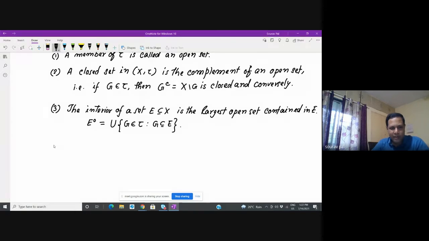And what is the closure? The closure of a set is the smallest closed set containing the set.